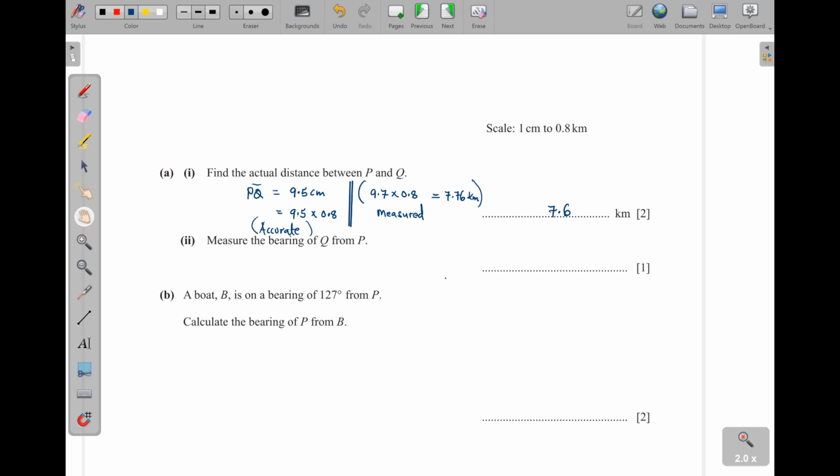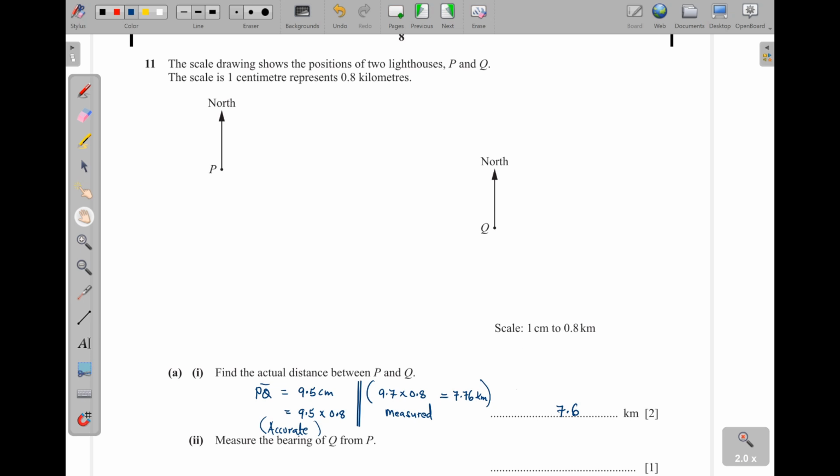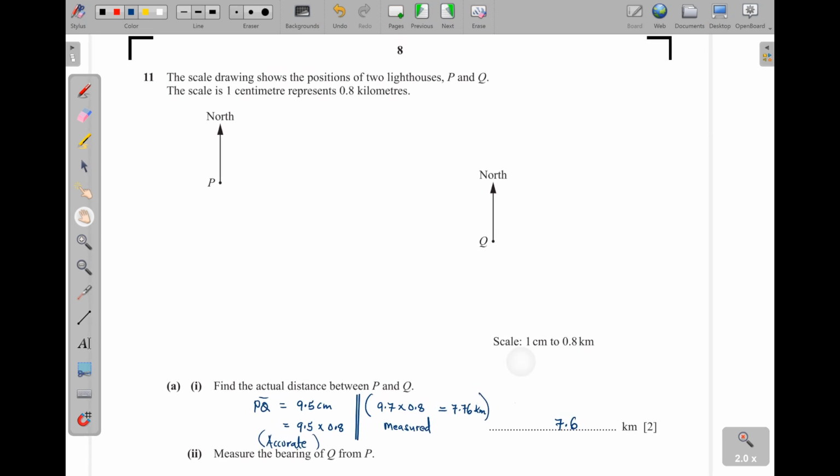Measure the bearing of Q from P. This one for angles, it doesn't change. So what we do, we draw a line here from P to Q, like that.